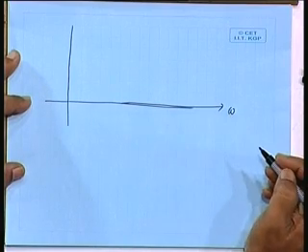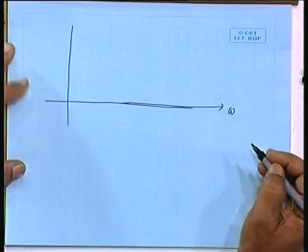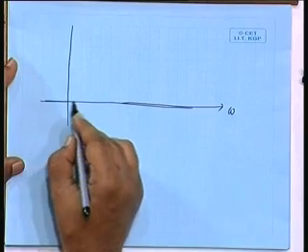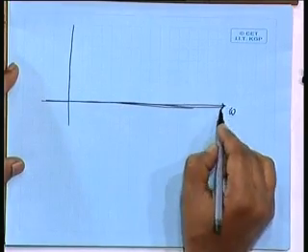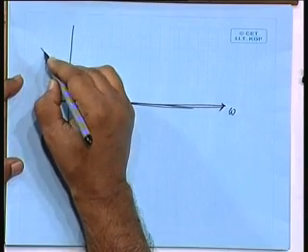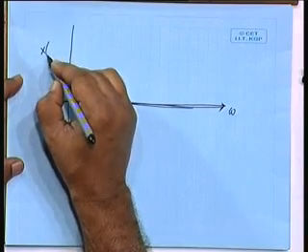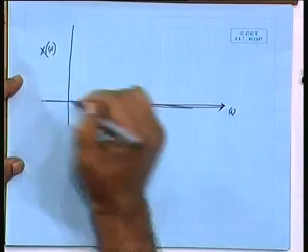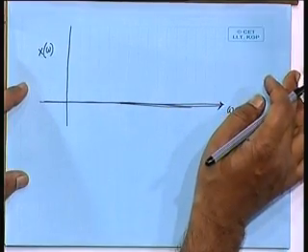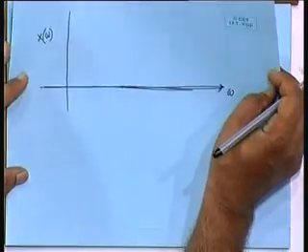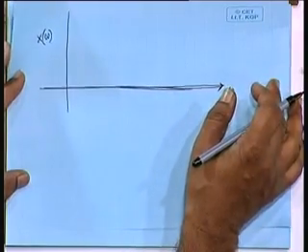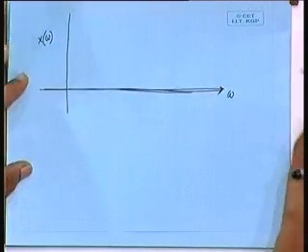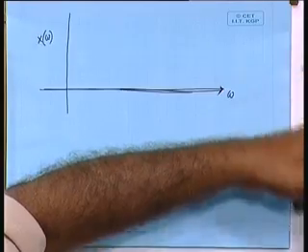So this is omega, because now we can take the frequency as the axis and corresponding value of X(omega). How will X(omega) vary with omega? Let us go back to the first problem.